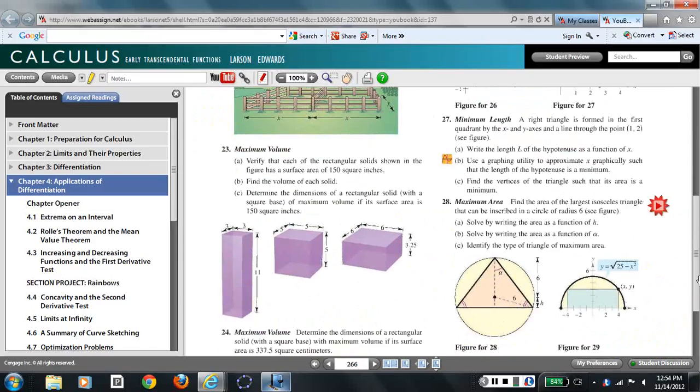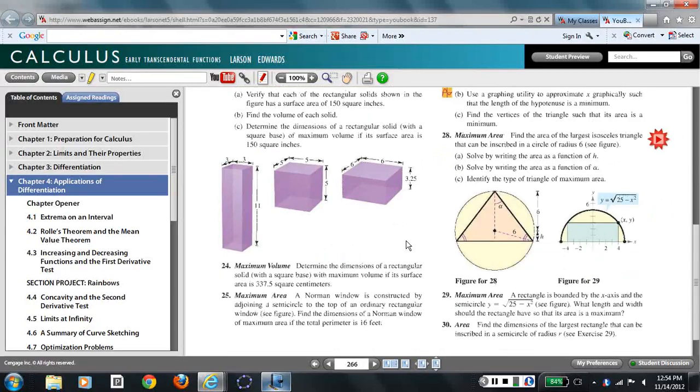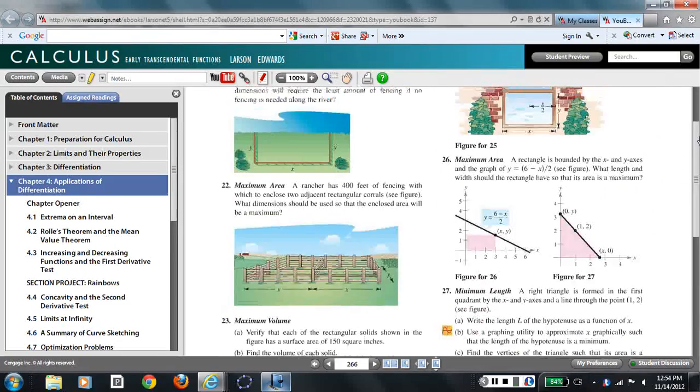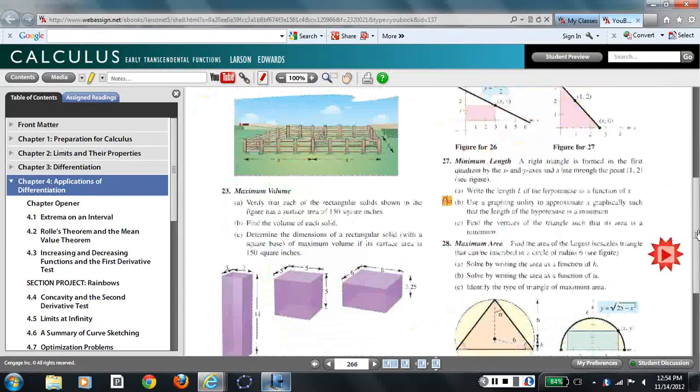Maximizing volume. Problem 23 looks like a great one. I put a star by 23, but it's similar to others that we've looked at. 24 looks like a good one. 23 and 24. Yeah, no solutions. There's the drawback.